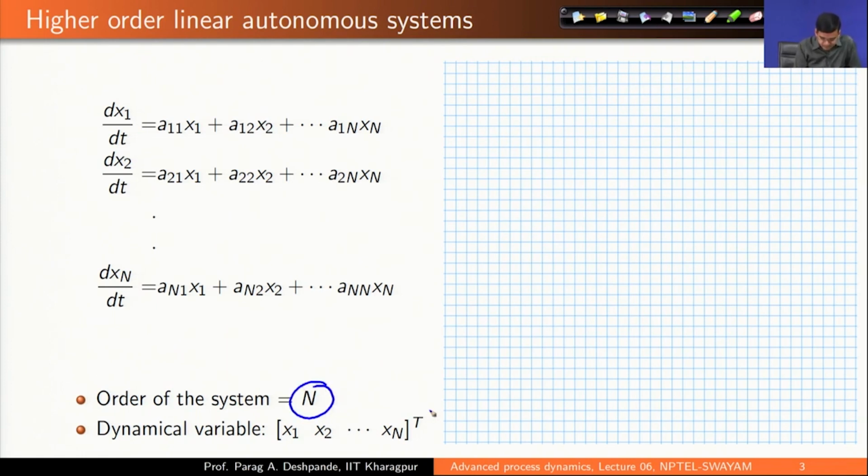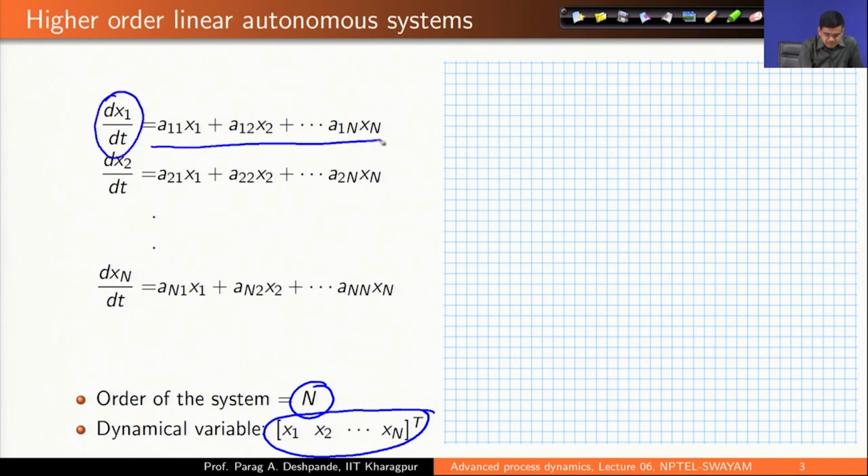The dynamical variable would be this vector x1, x2 up to xn transpose, and you will give the individual equations as dx1/dt, which will be some linear combinations of the individual weightages of the individual components, similarly for dx2/dt and so on.